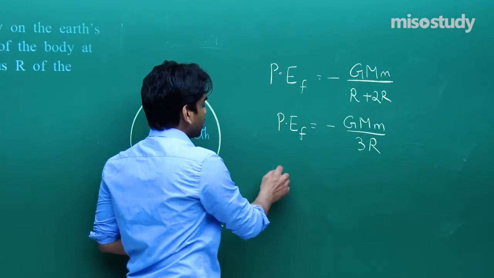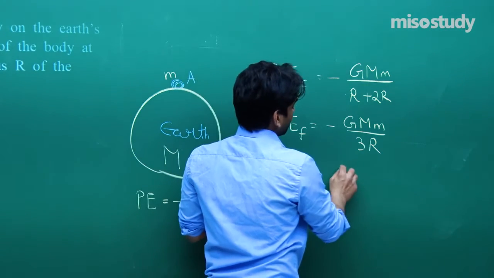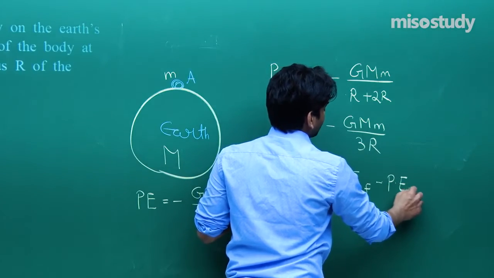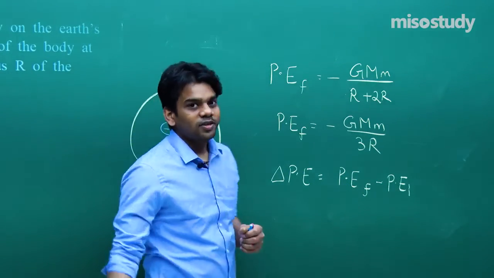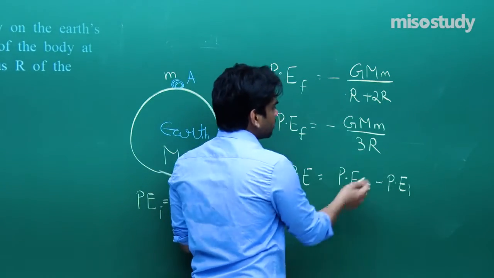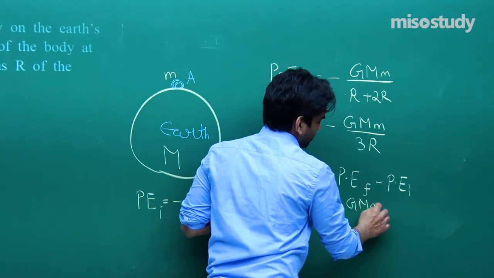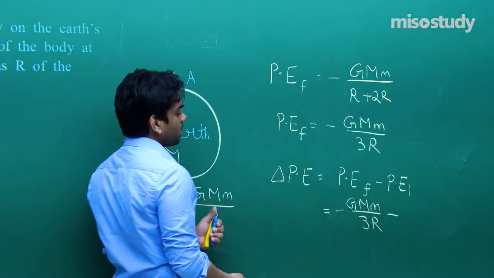So the change in potential energy that you will be observing will be equal to the final potential energy minus the initial potential energy. Let me say this is the initial potential energy when the body was at the surface of the earth. Let us subtract it: minus GMm by 3r minus minus GMm by r.